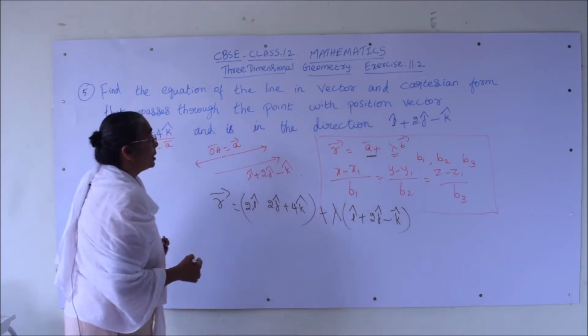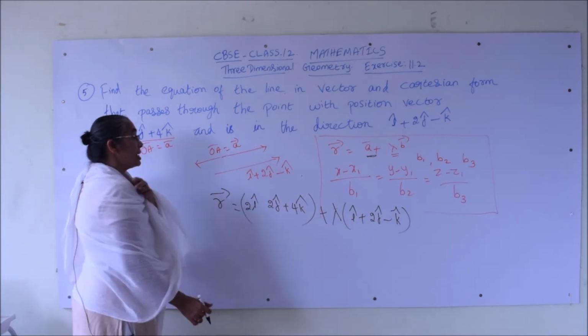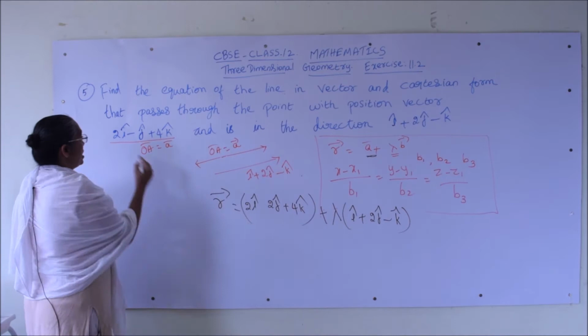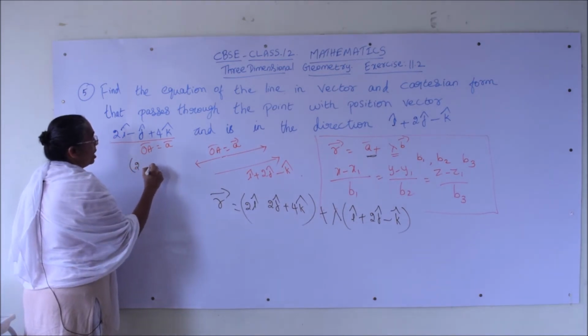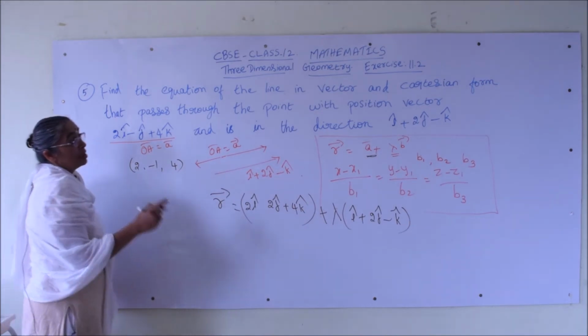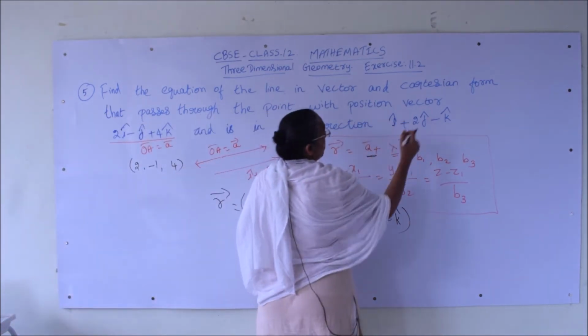Now, coming to the Cartesian form, x minus x1 by b1. Here x1, y1, z1 are 2, minus 1, 4 and b1, b2, b3 DRs are 1, 2, minus 1.